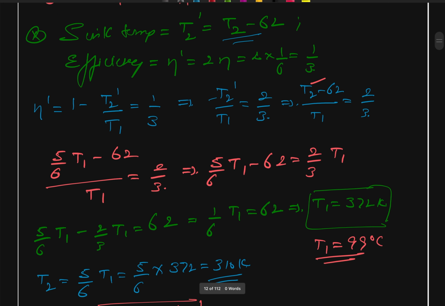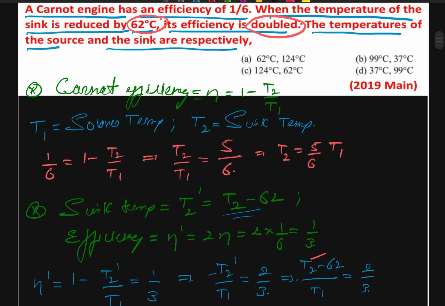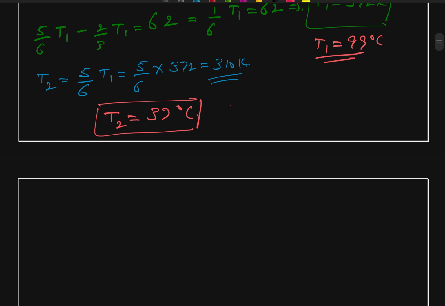So we have source and sink, and the sink is our T2. So we get that option number B is correct.